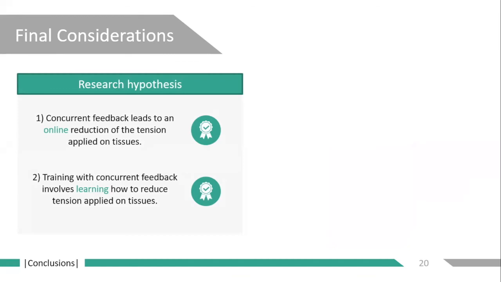The first one: the concurrent feedback led to an online reduction of the tension applied on tissues. And the second one is the fact that training with concurrent feedback actually helped in learning how to reduce tension applied on tissues.